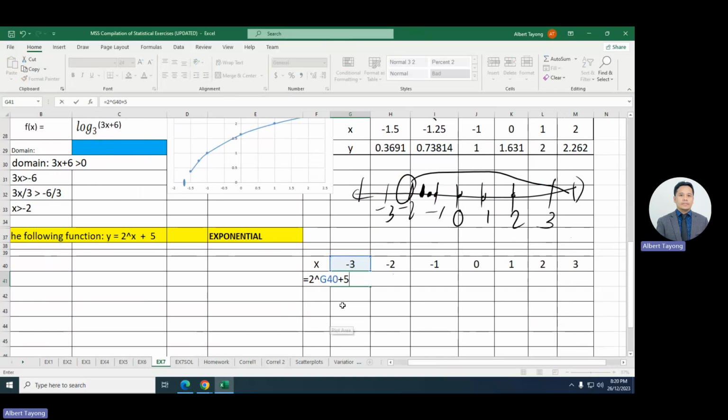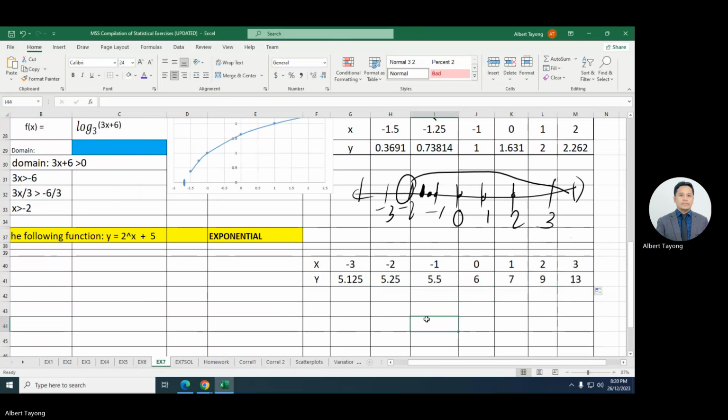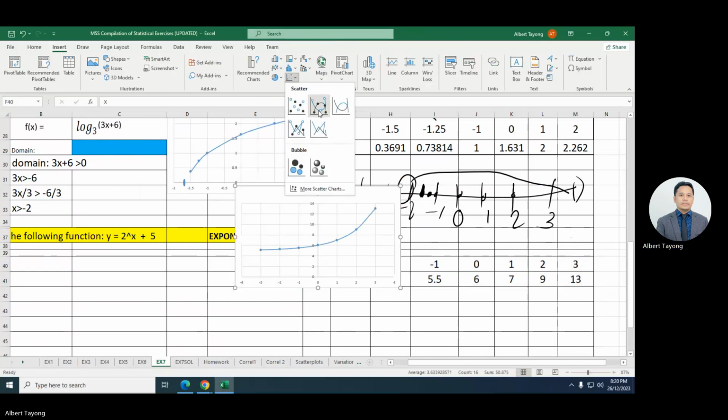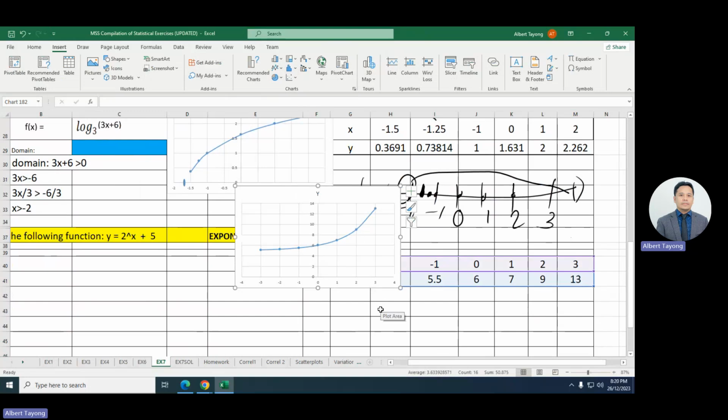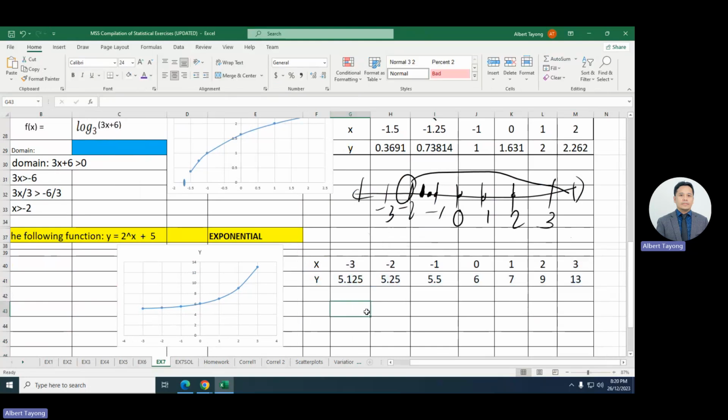What's the answer? Drag it to the right. Okay, and then graph. Select this table, insert second one. See, look at the graphs. Beautiful, right?